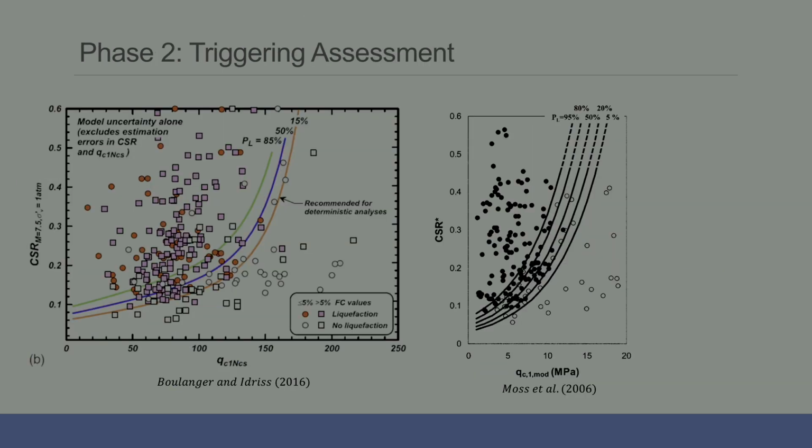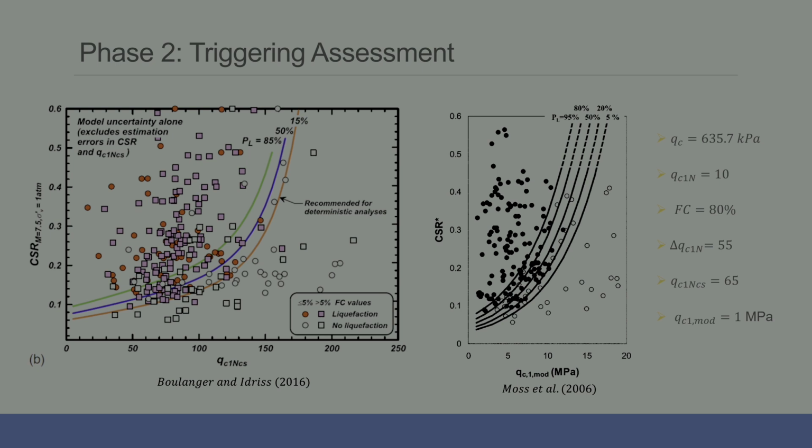Then we can move on to phase 2, which is the triggering assessment. We are using two different models, Boulanger-Idriss 2016 and Moss et al. 2006. These are the results coming from the CPT right here. I just want to point out that the qc1N is around 10, but the fines correction is around 55.